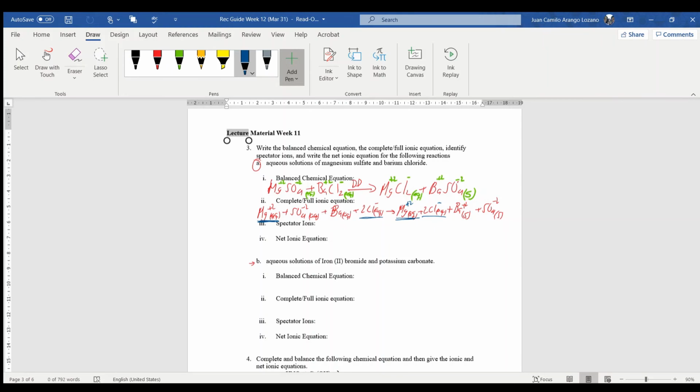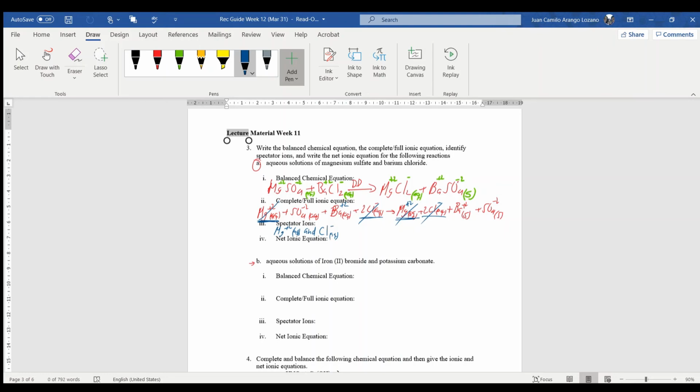However, barium is changing from an aqueous state to a solid state, and sulfate is undergoing the same situation. Therefore, these two will not be spectator ions, and those are going to go here. So magnesium plus 2 in the aqueous state plus chlorine in aqueous state as well.